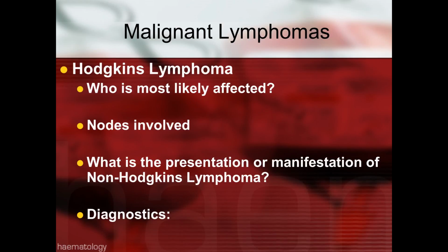The way that I look at it is, if you're looking at 15 to whatever, really any age can be affected. But it does happen in a bimodal fashion, so it happens more in those two age groups that I gave you. The key thing here is that it's usually a single node that's involved, or a group of contiguous tissues.